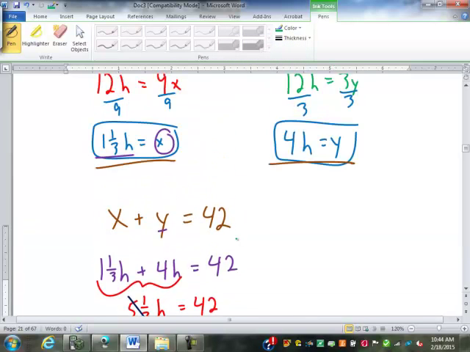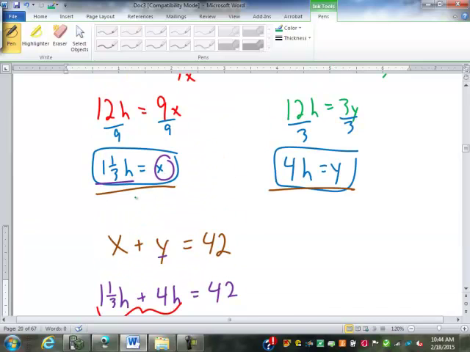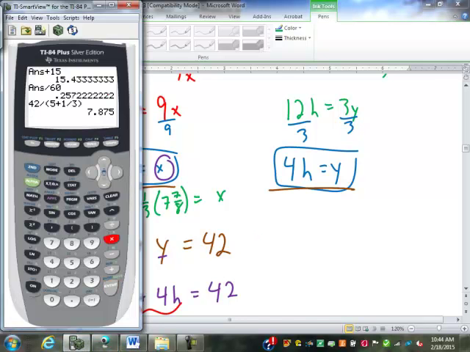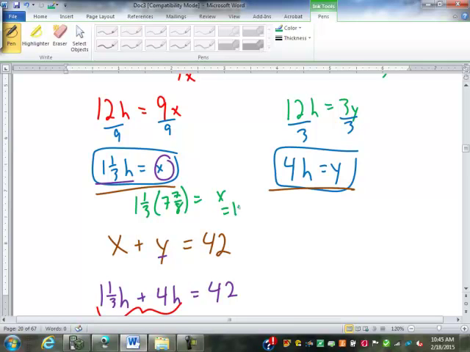We can use that now up here because X is 1 1/3 times H. So 7 7/8 times 1 1/3 gives us 10.5. So X is 10.5 feet.